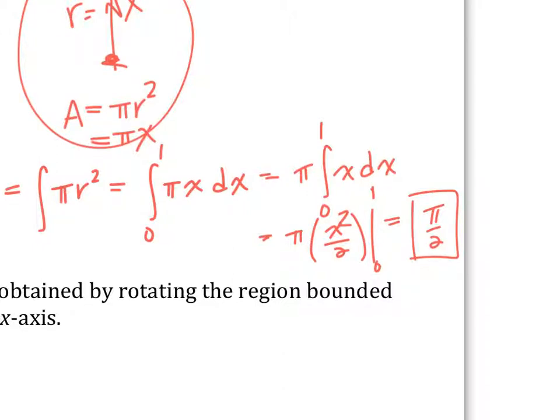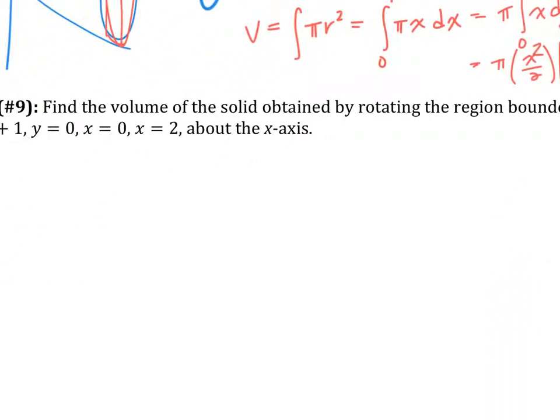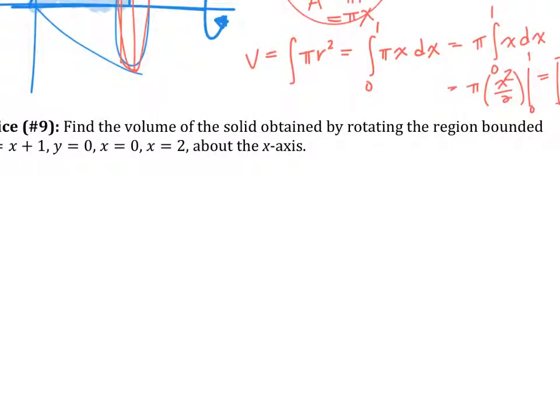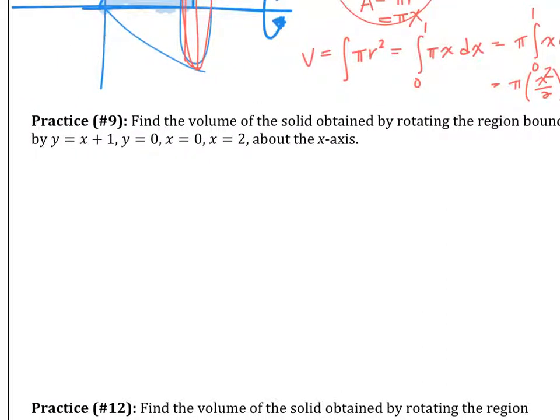All right, so what you want to do is first, you always want to draw a picture and then figure out what the radius is, and then the area, and then the volume. Okay, so let's try another one. Find the volume of the solid obtained by rotating the region bounded by y equals x plus 1, y equals 0, x equals 0, and x equals 2 about the x-axis.